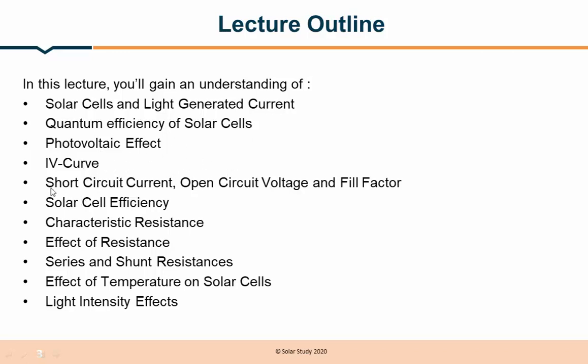Then we will see the short circuit current, open circuit voltage, the fill factor, the cell efficiency, and the characteristic resistance. What is the effect of resistance on the solar cell as well as the solar panel, and what are series resistance and shunt resistance? Next, the effect of temperature on the solar cell and the light intensity effect. All of that you will see in this lecture.